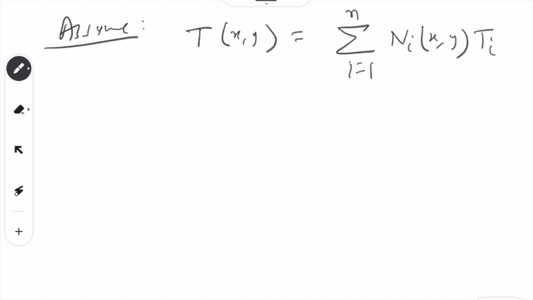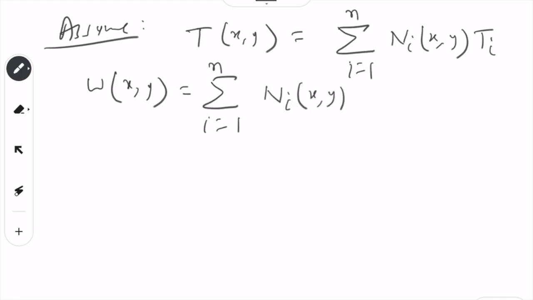In general we can make a statement like this. For the current one, n is equal to 4, so we give one example. Similarly, w x y we can write as the sum over i equal to 1 to n of n_i x y w_i.